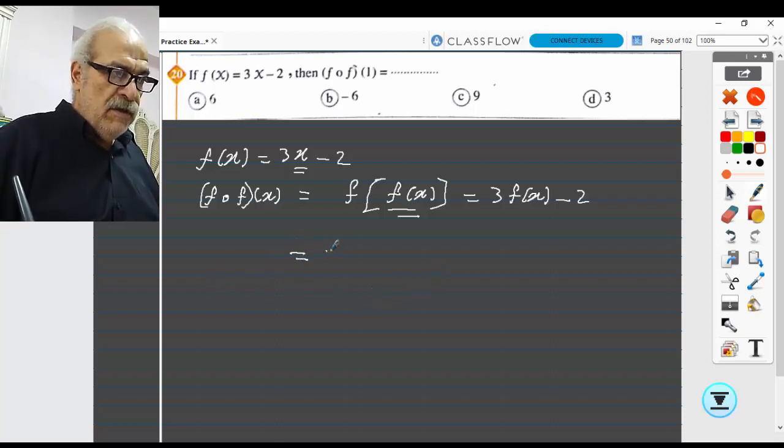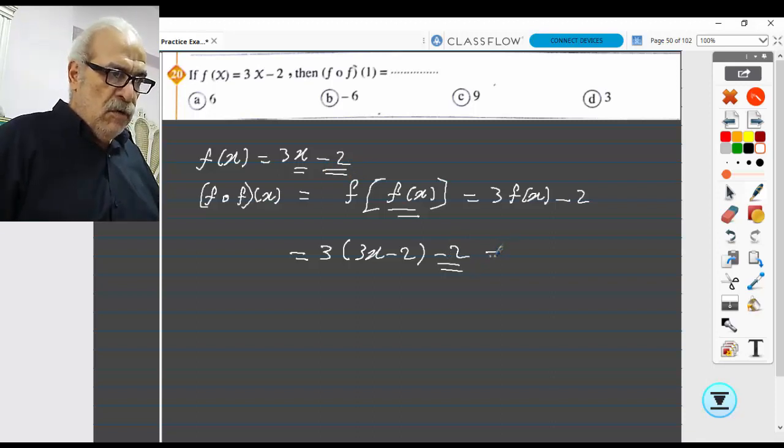So it is equal 3 times (3x minus 2), minus 2, which equal 3 multiplied 3, it is 9x minus 6 minus 2.